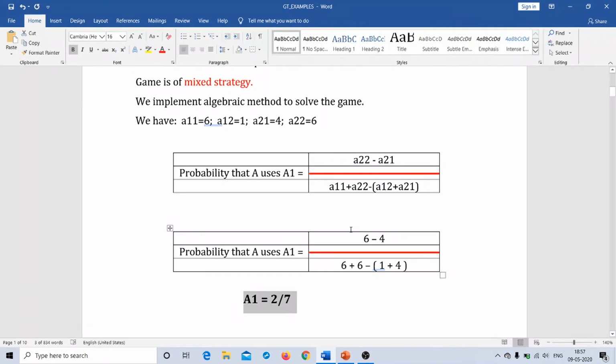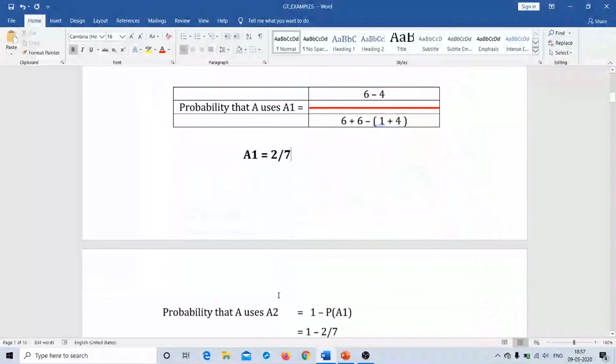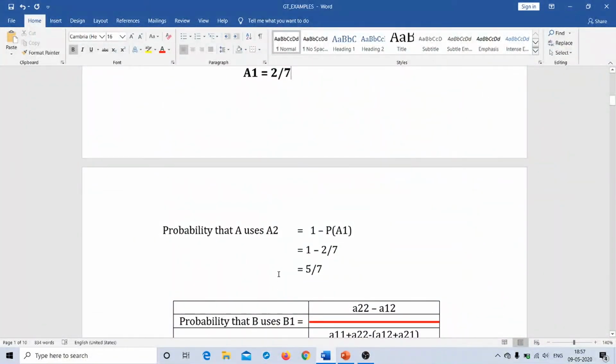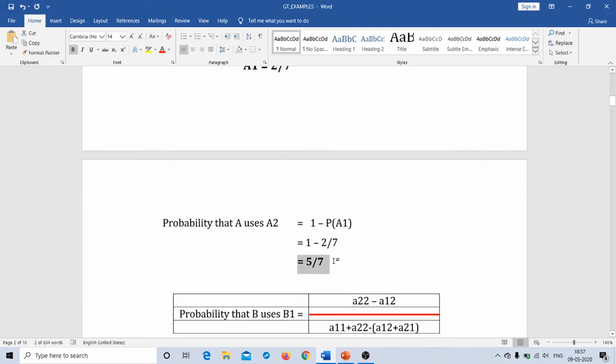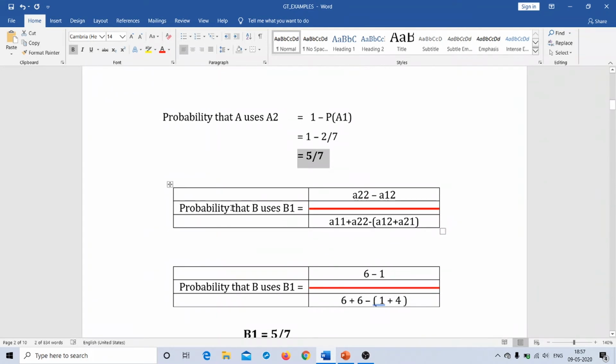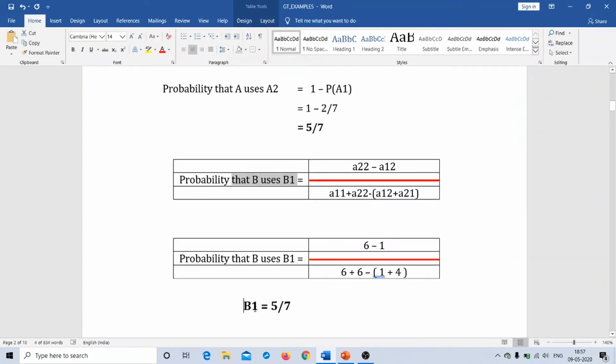Then I subtract this 2 by 7 from 1, and I get the probability that player A uses A2, which is 5 by 7. It is just a probability definition. Similarly, by substituting the values for the probability that B uses B1, I get B1 equal to 5 by 7. Just have a look at it.